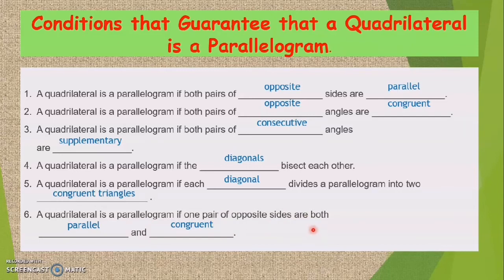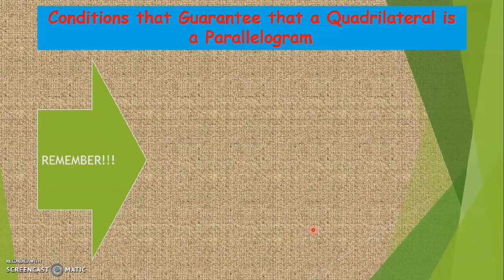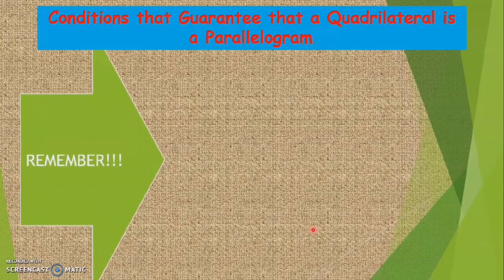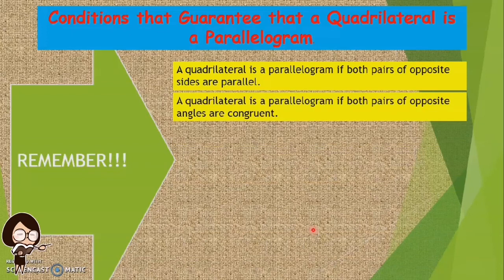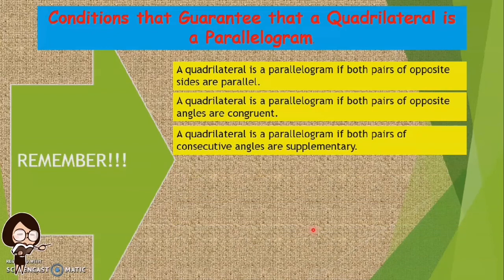So to summarize what we have learned, let us all read and remember these important things about parallelogram. So the first one, a quadrilateral is a parallelogram if both pairs of opposite sides are parallel. A quadrilateral is a parallelogram if both pairs of opposite angles are congruent.